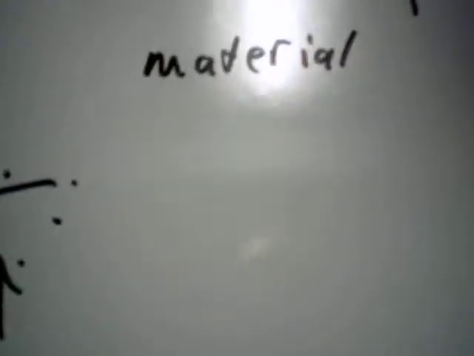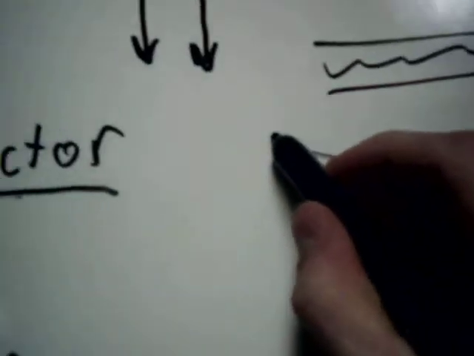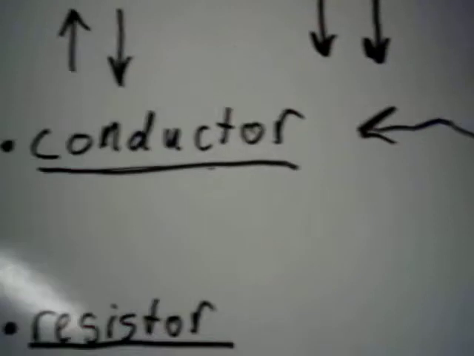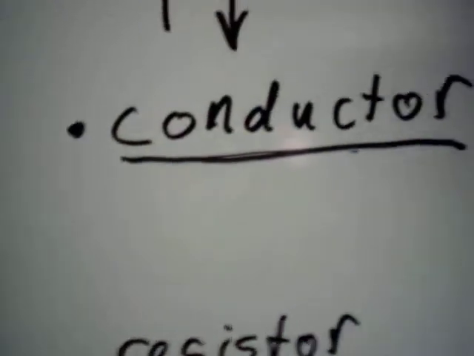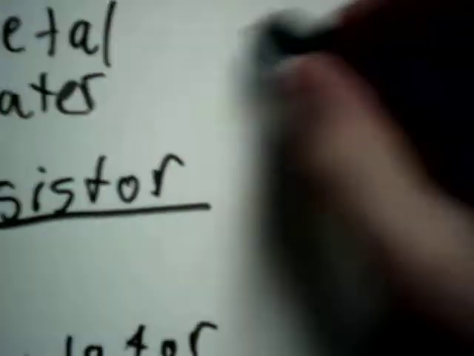Next is, quite frankly, the obvious one: material. If you follow my arrow down to here, I'll start explaining some of the materials. We have conductors, which have low resistance, and they're things like metal, water, and salt water.